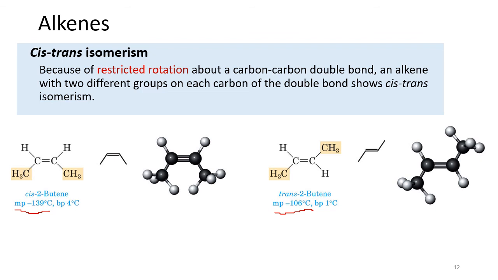Their boiling points are pretty similar, but the melting points are significantly different, with it taking much more energy to melt the trans-2-butene. Those are negative numbers, negative 139 degrees Celsius for the cis and negative 106 degrees Celsius for the trans. It takes more energy to melt the trans-2-butene. It's pretty much how they fit together in a solid.